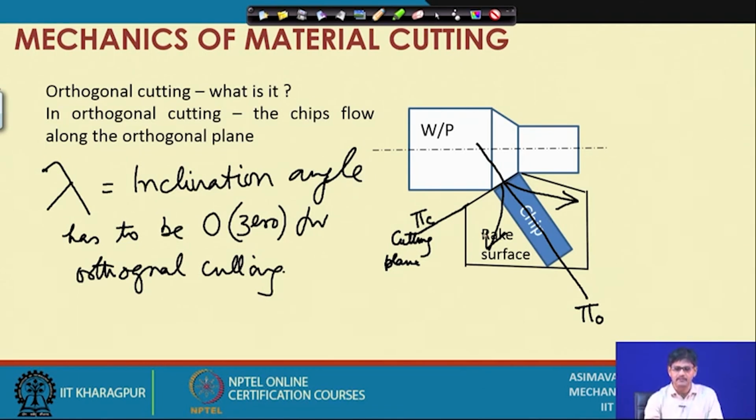Now, the second point is, are there other reasons for which the chip might be deviating from the orthogonal plane? And first of all, why are we so hung up that orthogonal cutting is something special?